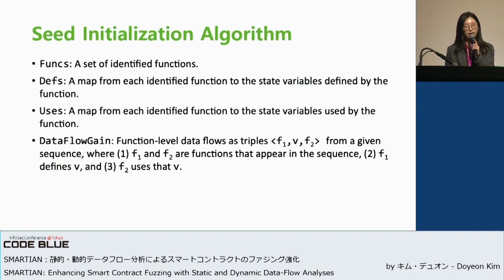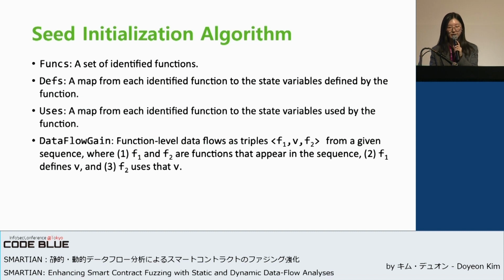So before I explain in detail, we need to know about the variables used in the seed initialization algorithm. The seed initialization algorithm takes 3 inputs. One is funcs, which is a set of identified functions. Next is defs, which is a map from each identified function to the state variables defined by the function.